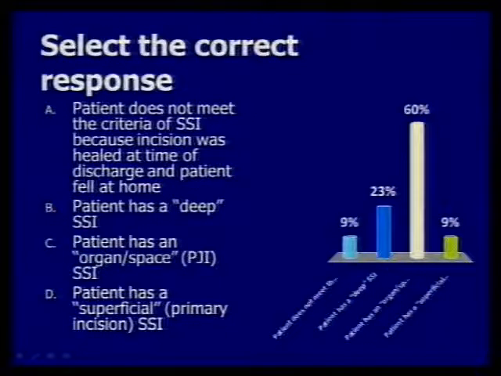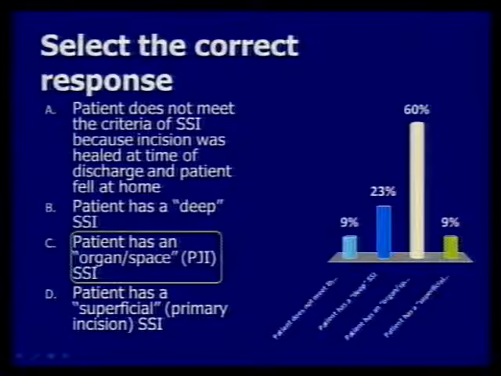So 60% thought it was an organ space PJI, and that is correct. Okay, so last year or year before, in surgical site infection, they did say that if something like this happened, you did not have to call it a surgical site infection. And then they changed it again.